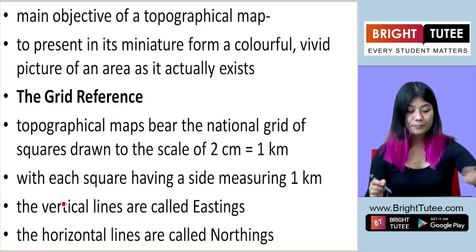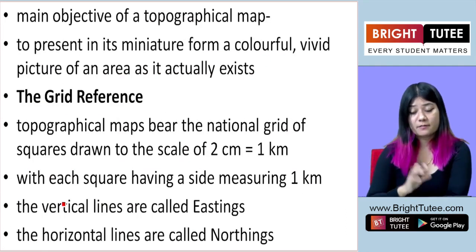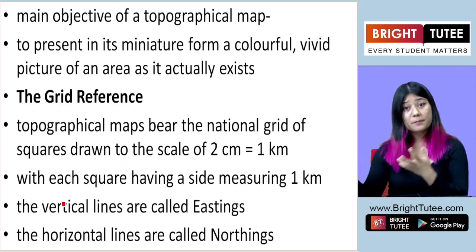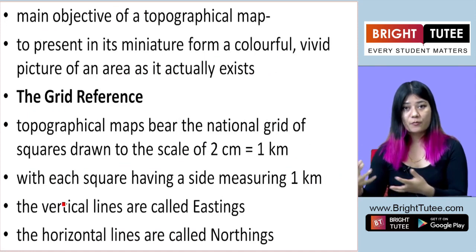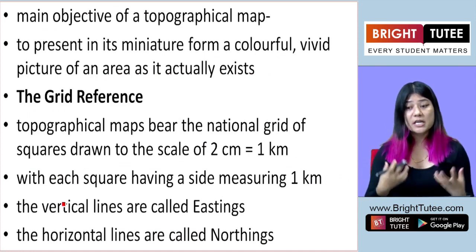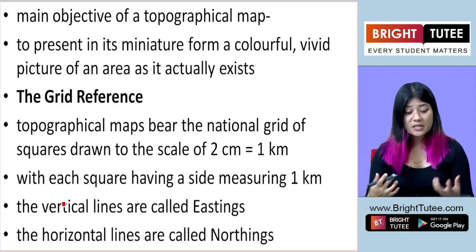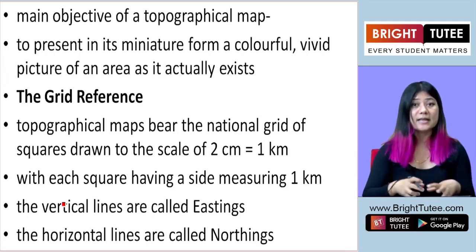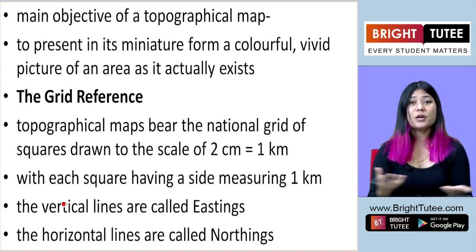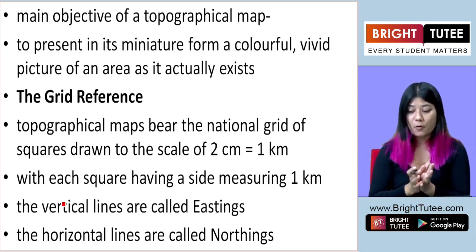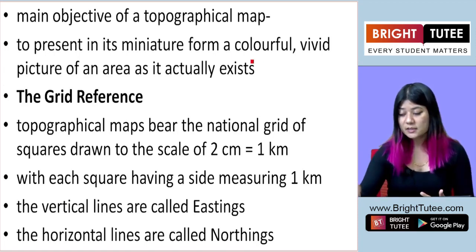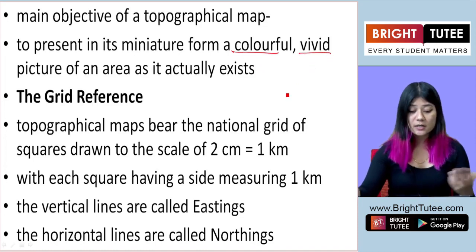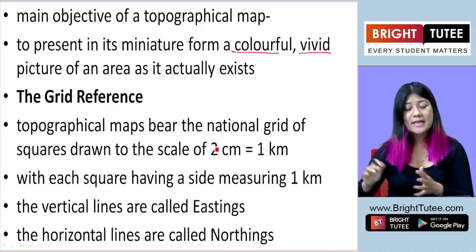The main objective of the topographical map is to represent the area which is on the ground in a miniature form. They try to represent the exact area on a piece of paper, and try to make it colorful, vivid, and clear, as the area exists.